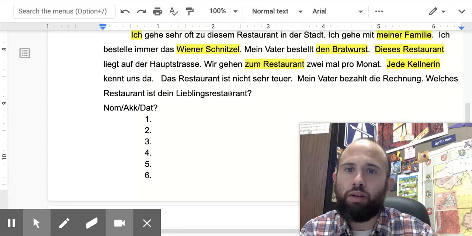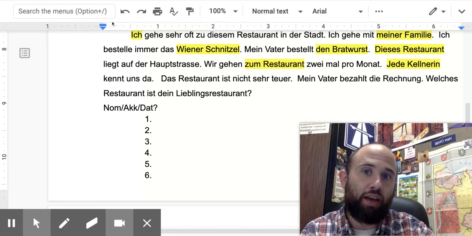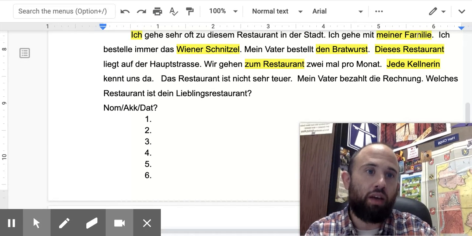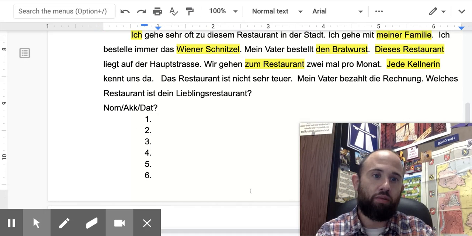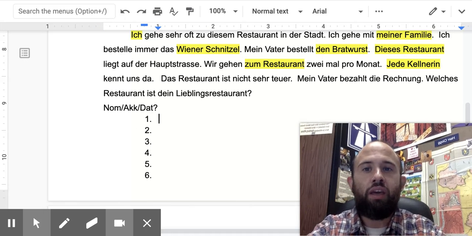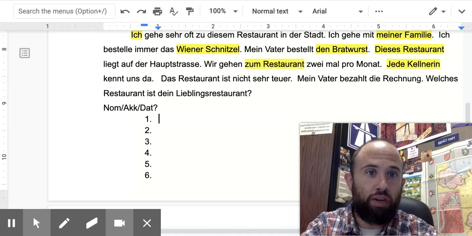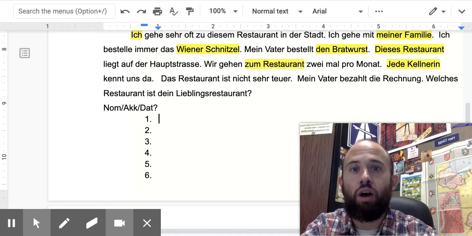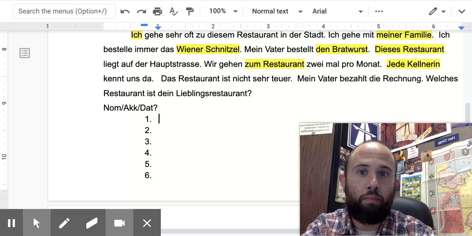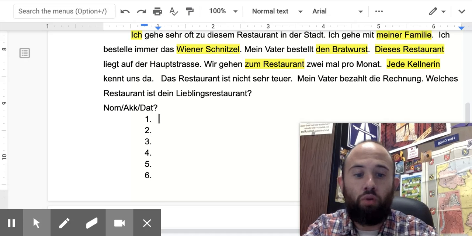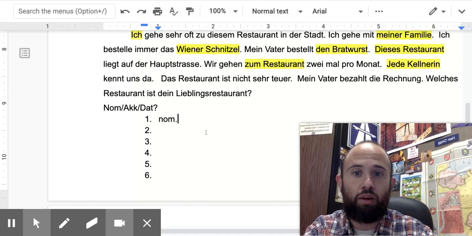So hopefully that's fairly comprehensible, but what I'm going to ask students to do is take a second and tell me whether the things in highlights are nominative, accusative, or dative. So is ich nominative, accusative, or dative in the sentence Ich gehe sehr oft zu diesem Restaurant in der Stadt? Hopefully we're good on recognizing that's nominative.